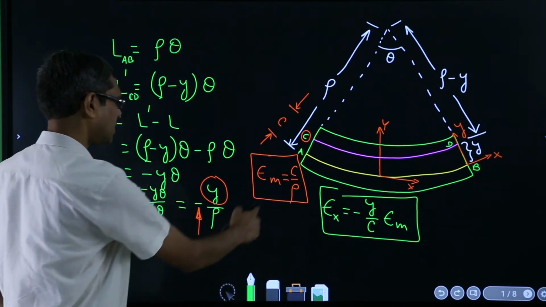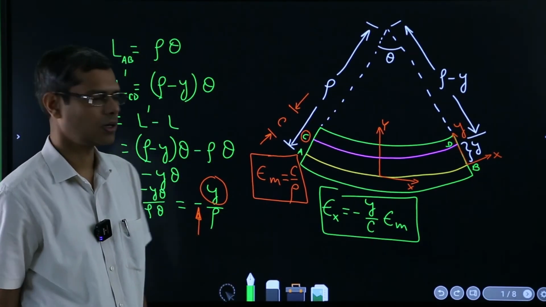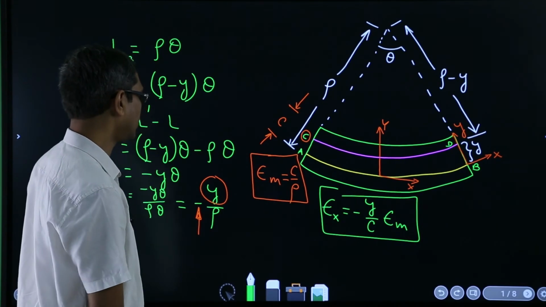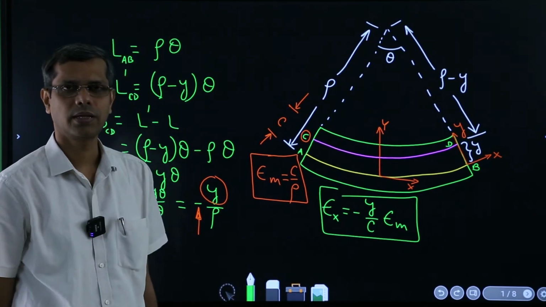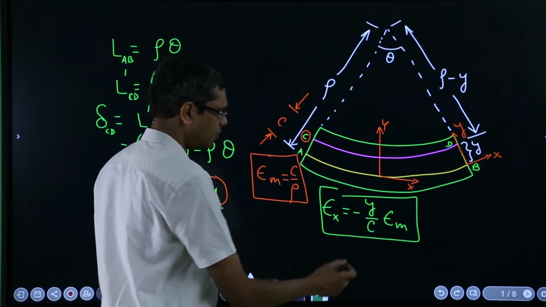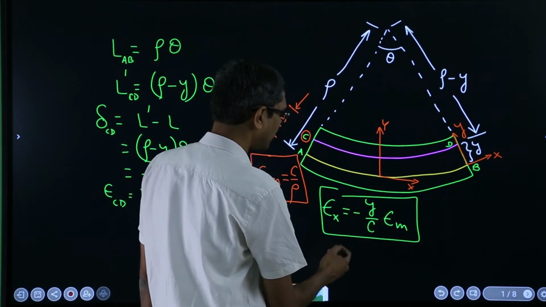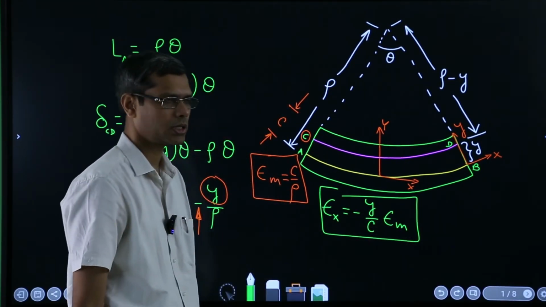So we just eliminated the radius of curvature from these two equations, and this is the relationship between the maximum strain that develops and the strain at any location.